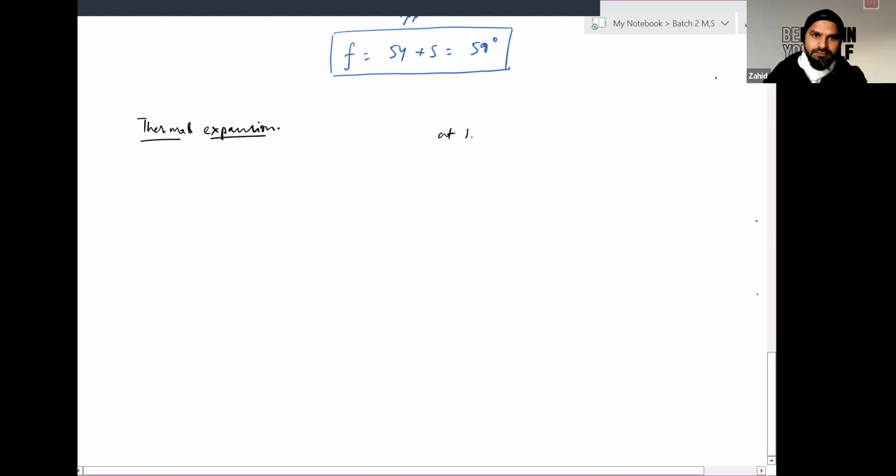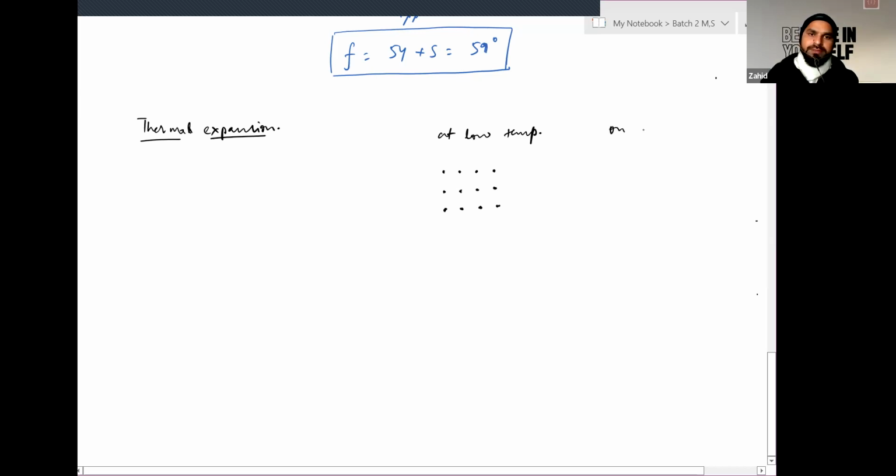Suppose initially, at low temperature, particles in a particular solid may be arranged like this, in which the separation between them is small, or you'll say the force of attraction between them is large.